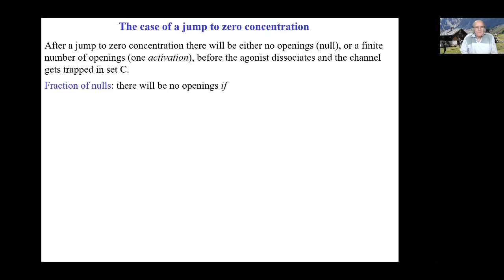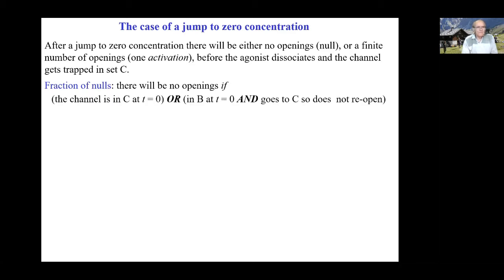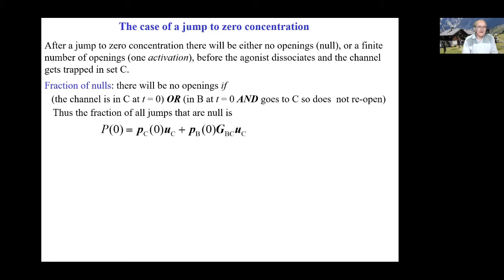The fraction of jumps which give no openings will be no openings if the channel was in a C state at 0 time, or it was in a B state and goes straight to C without reopening. So the fraction of all channels with a null probability of 0 openings after a jump is the sum of the occupancies in the C states.